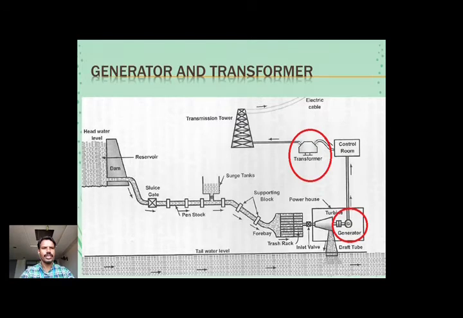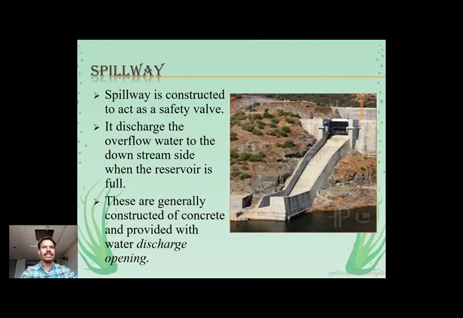It is a generator transformer. At the bottom side is the tail water level. This is tail water, connected to the river. The spillway does not belong to the hydroelectric power plant itself. It acts as a safety valve to protect the dam, and it allows the over-discharge of water.